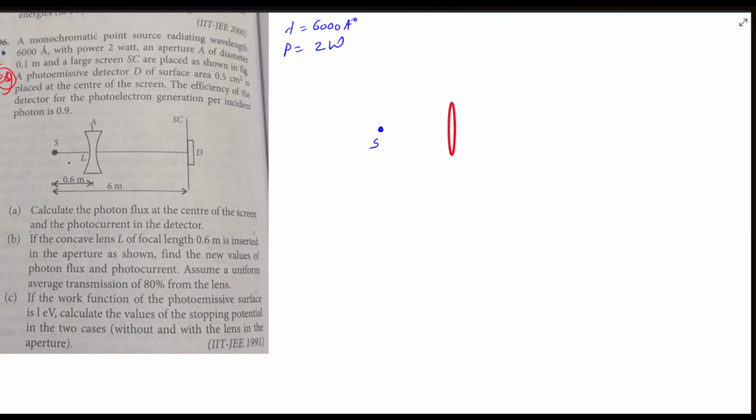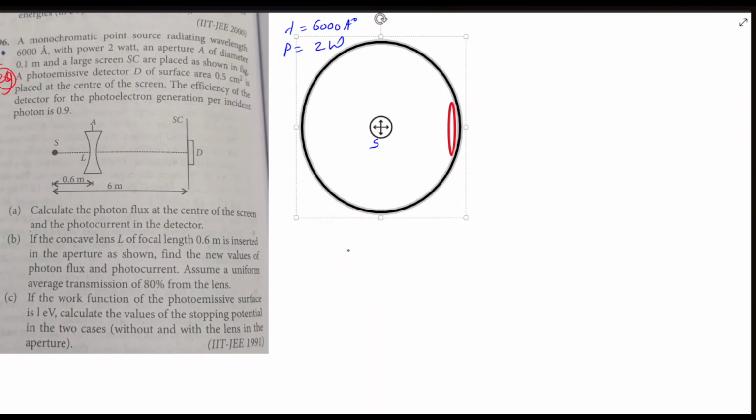For this source, the aperture is like this, so the source will be illuminating this surface area. The radius of this, I will put as small r, so it will be 0.1 divided by 2 meters. And this distance is again 0.6, so let me put it as capital R.